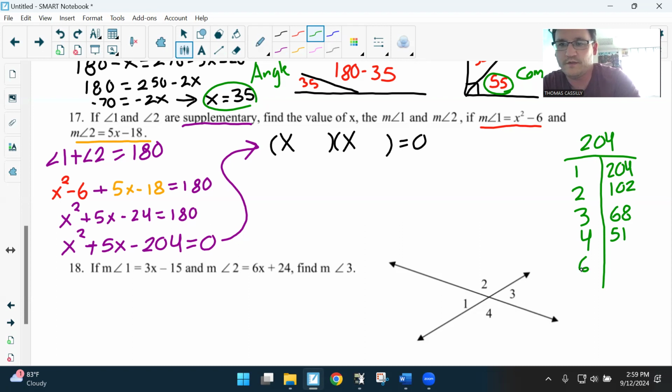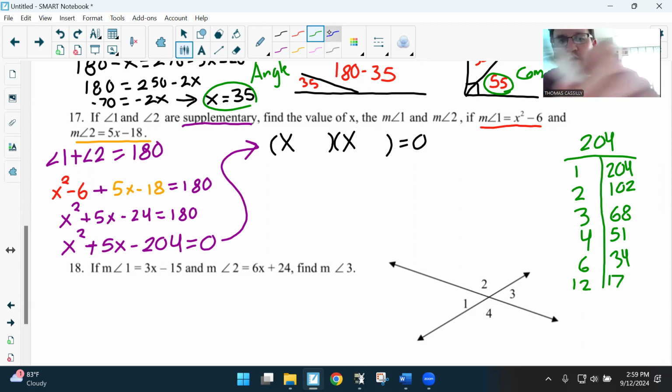So that is going to be 6 and 34. I don't think 7 works. 8 does not work. Maybe 9 works. 10 doesn't work. 11. I bet 12 works. 12 and 17.